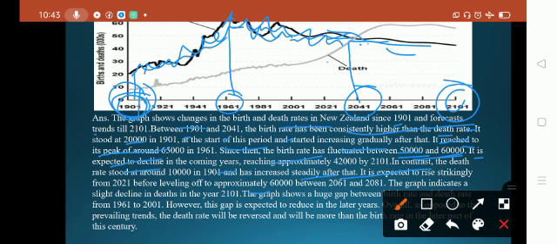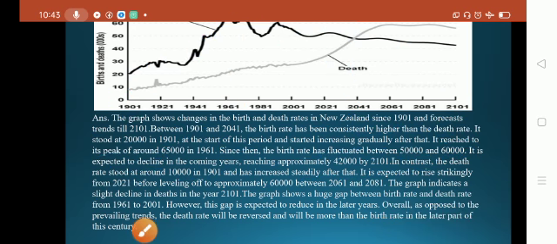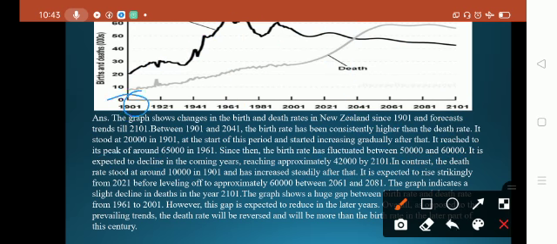In contrast, the death rate stood at around 10,000 in 1901. So during this period, let's talk about the death rate. It was very low, and has increased steadily after that.